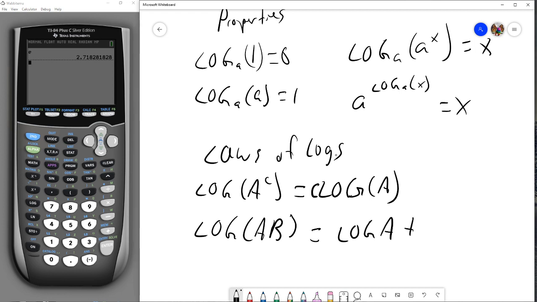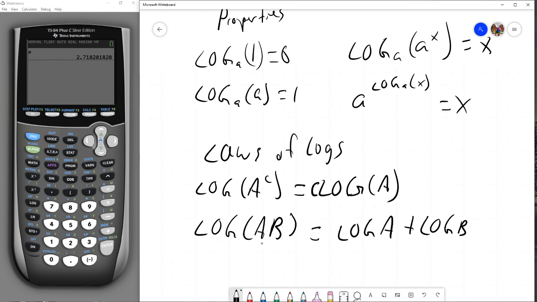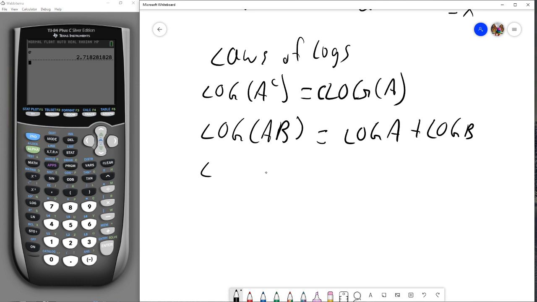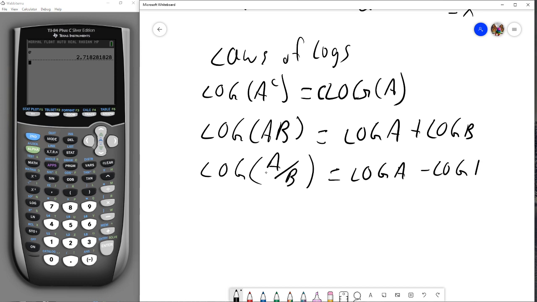So log of a times b is equal to log of a plus log of b. And similarly, if we have log of a divided by b, we turn that into subtraction, where you have log of a minus log of b.